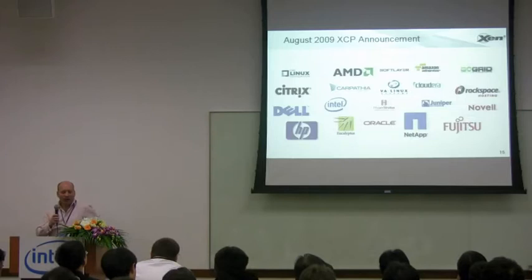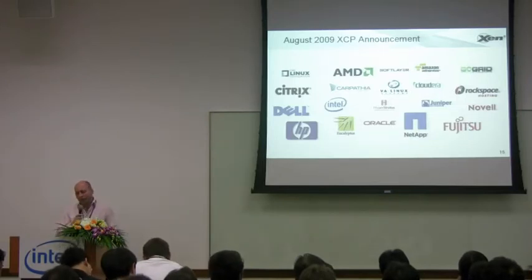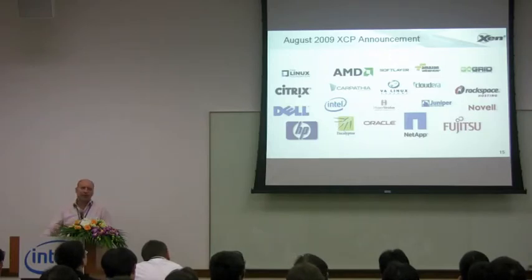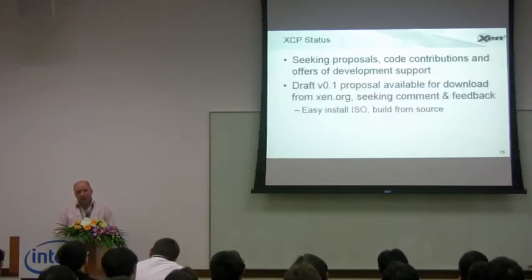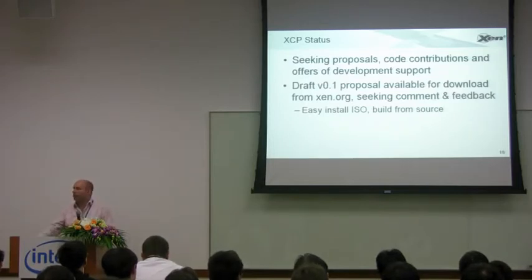So the Xen Cloud Platform announcement happened in August, and there are all of these various vendors representing different layers of the hardware and software stack that participated in that announcement. And so the status of the project is really still at the stage of, or continuing to seek proposals from companies about code that they can contribute, perhaps code that they already have, to the Xen Cloud Platform.